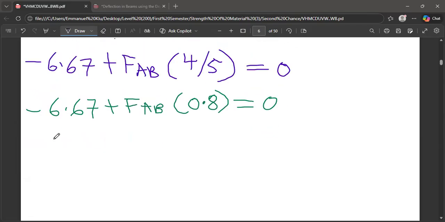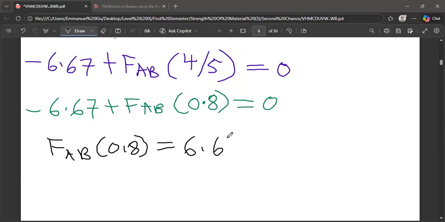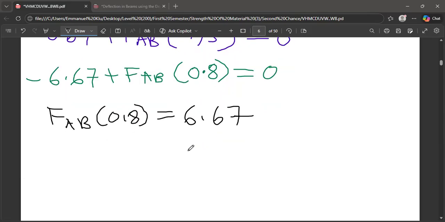So this is now going to make my answer become FAB, and that is 0.8 is equal to, if you cross the equal to sign, you are going to become positive, because it's negative over here. So this is now going to become 6.67. Let's repeat this step one more time, then we can divide.